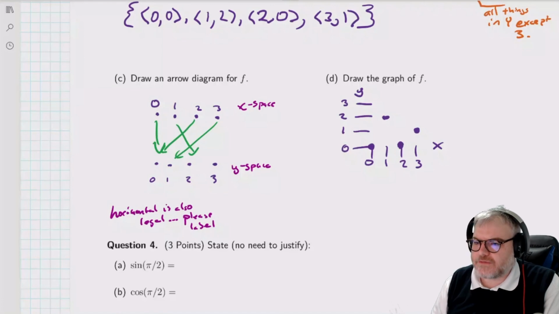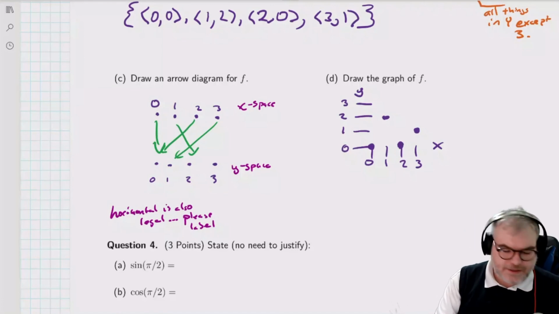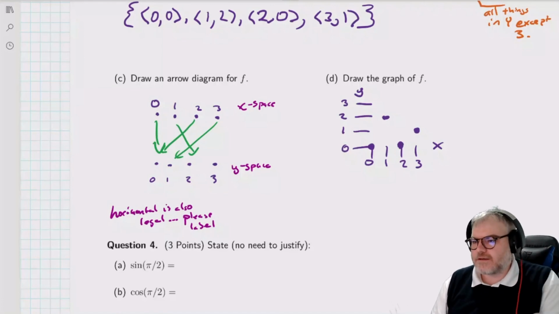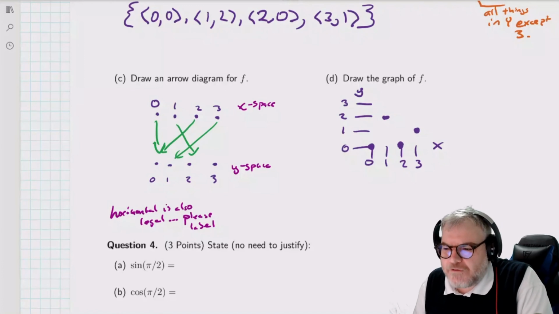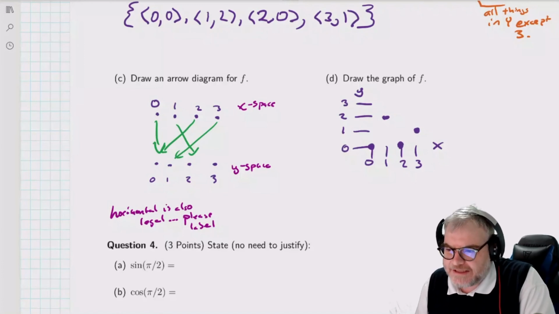Multiple choice, D. Okay, why would I get points off if I connected them with a line?